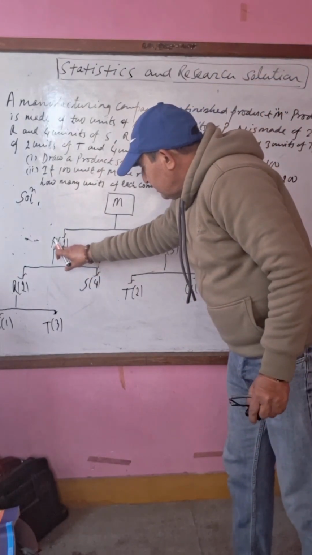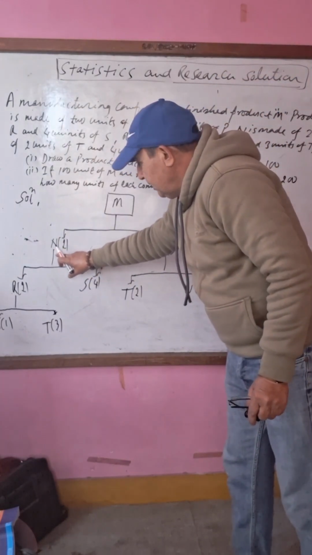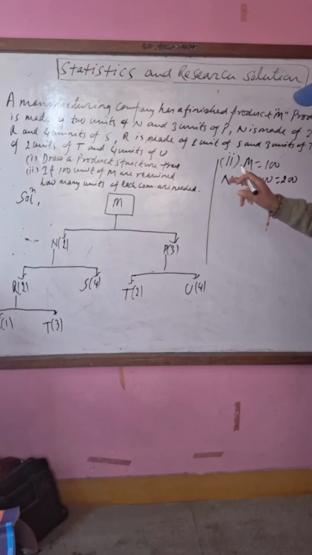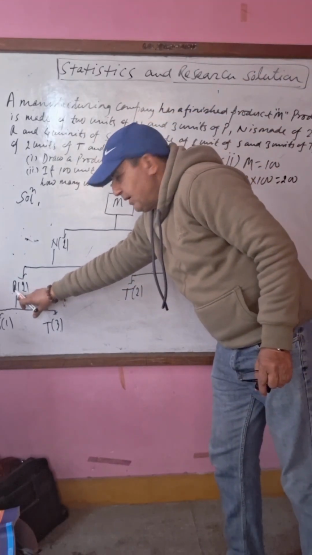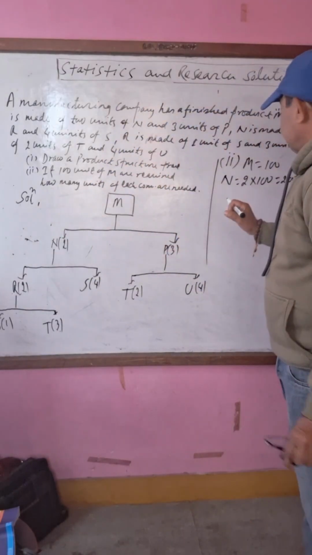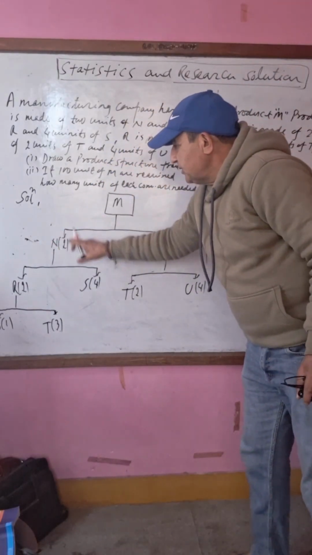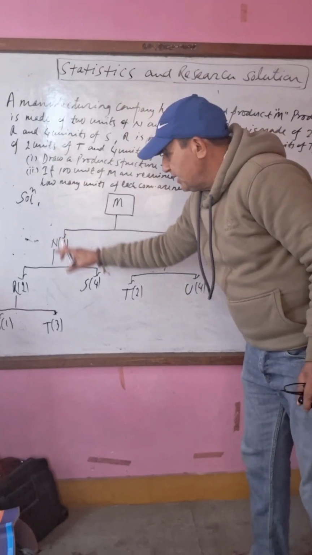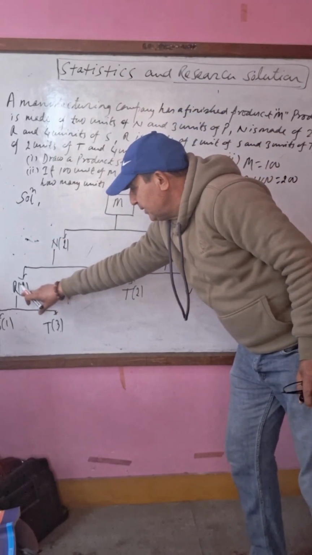Similarly, this R. To produce this N, how many R do we require?